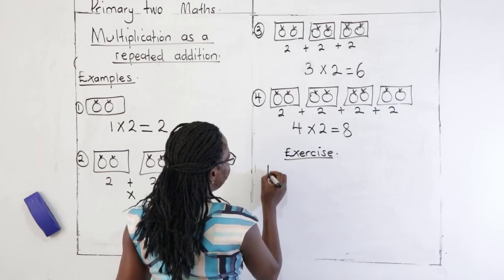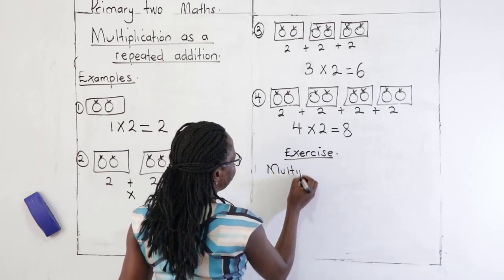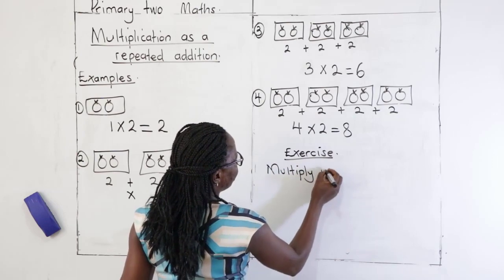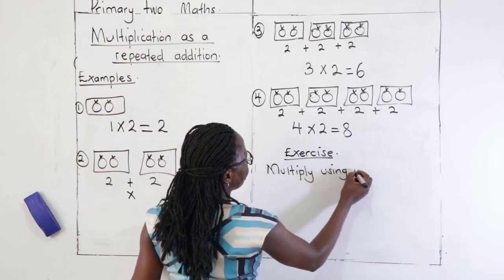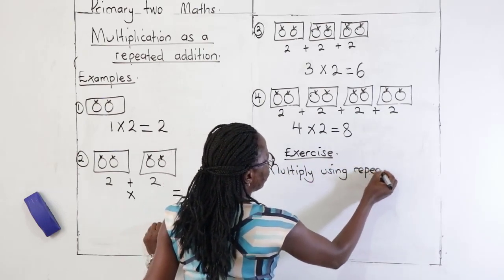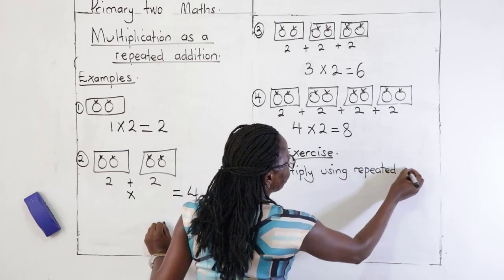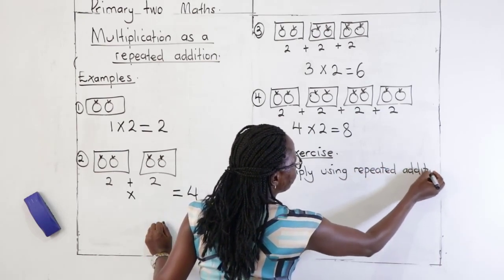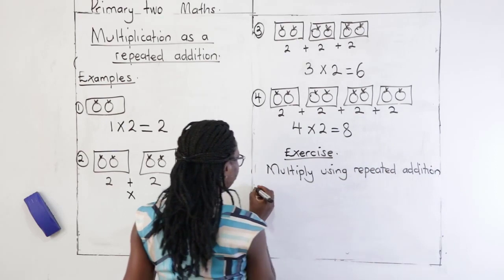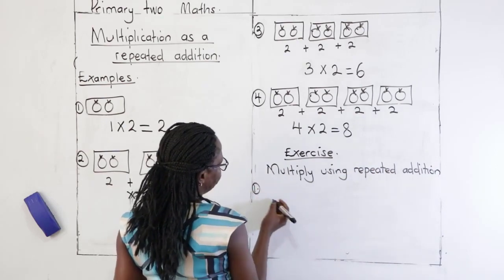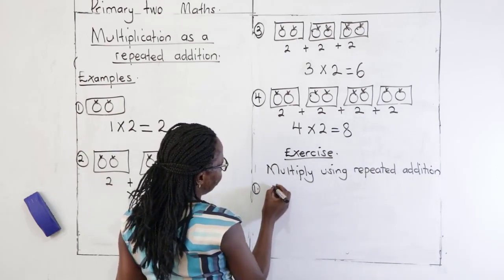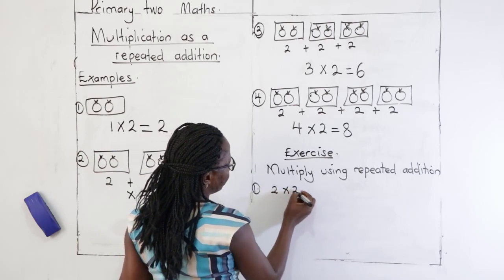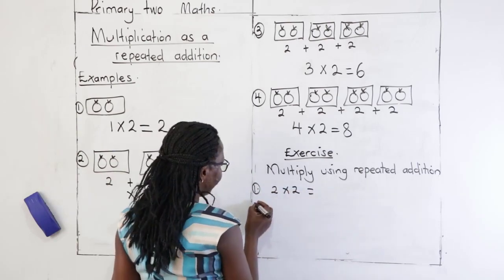Exercise: multiply using repeated addition. Number 1, multiply 2 times 2, though it's already there.